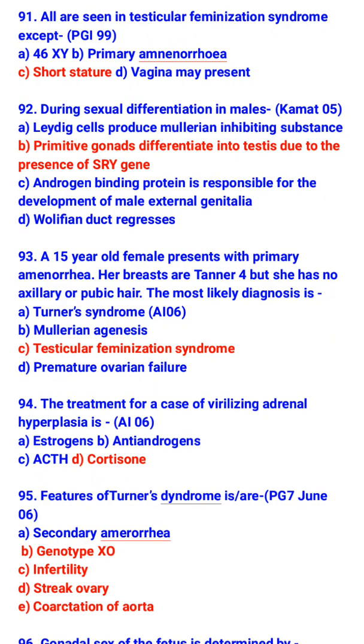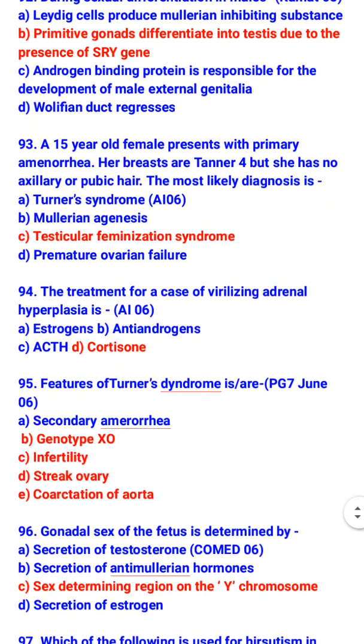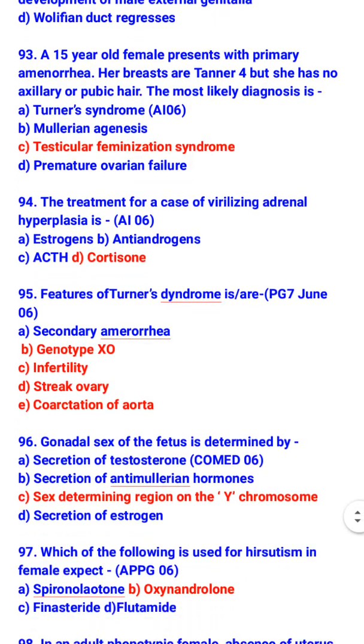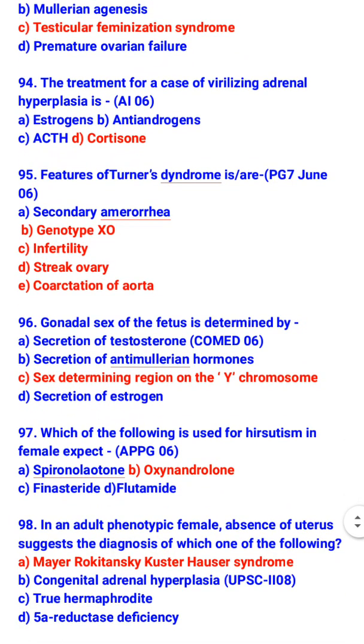The treatment for a case of virilizing adrenal hyperplasia is cortisone. Features of Turner syndrome are, except: genotype XO, infertility, streak ovary, and coarctation of aorta. Gonadal sex of the fetus is determined by the sex determining region on the Y chromosome.